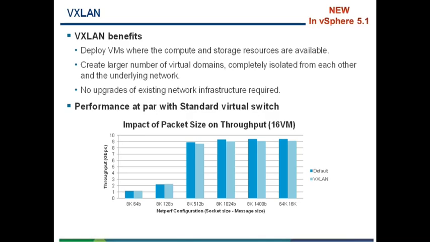So VXLAN removes the 4000 VLAN barrier with 16 million segments. And it allows us to do a lot of that mobility and not have to be tied very specifically to particular areas of our switching, be it a virtual environment or a network environment.